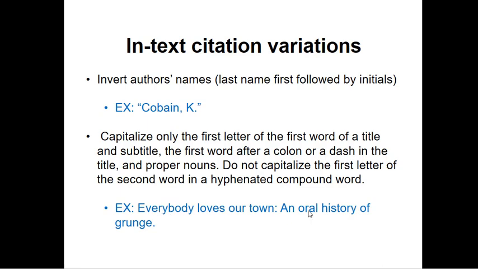When you are doing titles, make sure you're using sentence case, which basically means you're only going to capitalize the first letter and then any proper nouns after that. After any colons, you will also capitalize the first letter, but then after that, unless there's a proper noun, everything else will be lowercase. So it's some of the basic formatting you want to follow as you go through both in-text and reference list citations for APA.